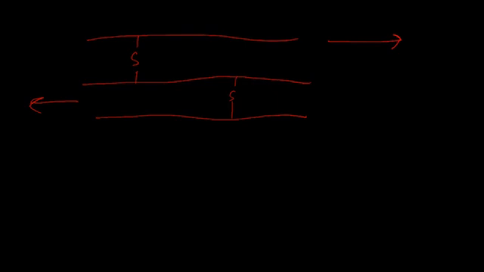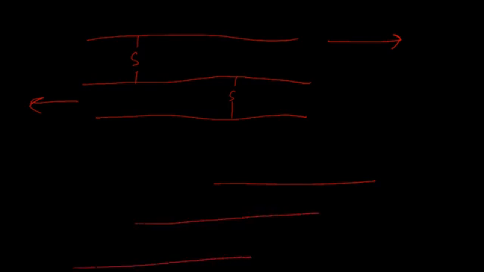The polymer chains or the polyisoprene can slide, but they cannot be drawn apart because they are connected with the sulfur linkage. So what happened? When you release the force, it will turn back into the original form.